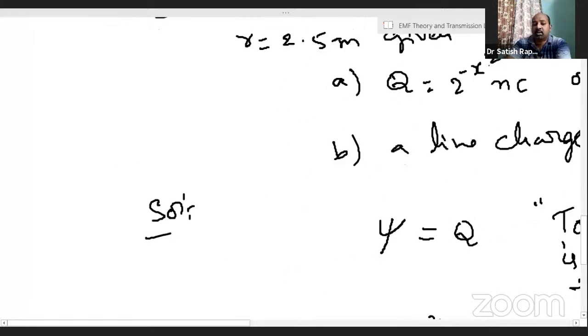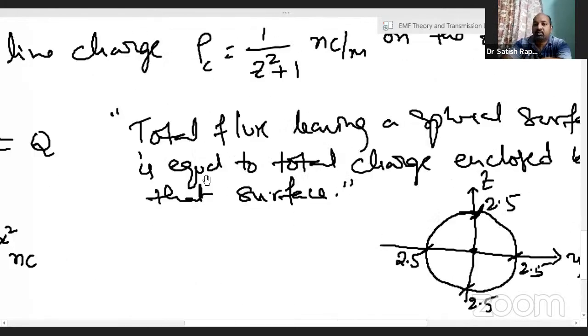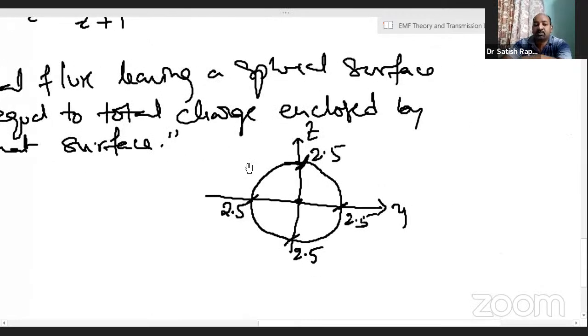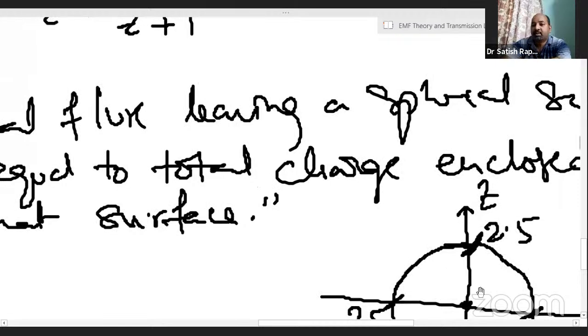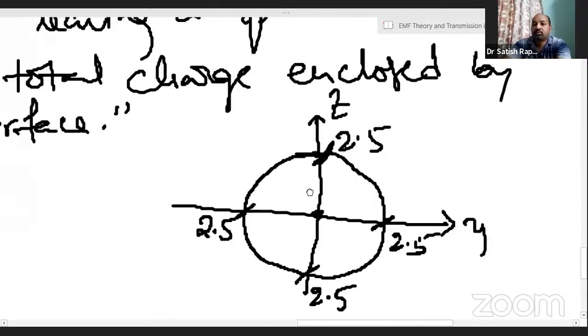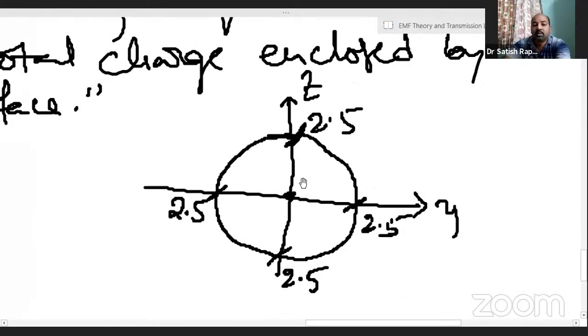So let me indicate so that it will be clear to you. Let me explain the figure first, then it will be clear.